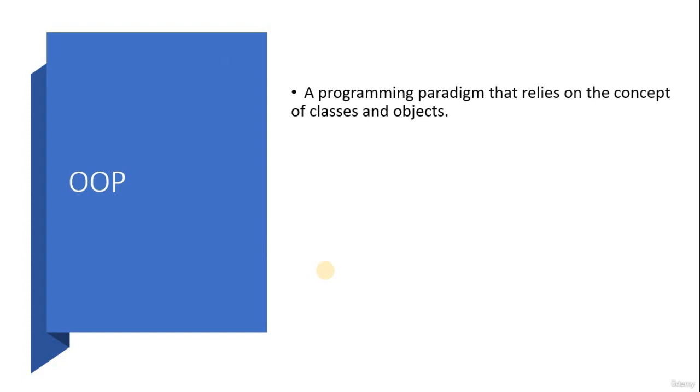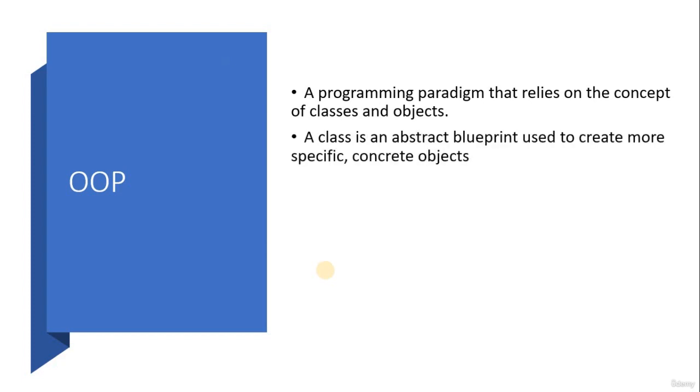Here, a class in Java is just an idea, a blueprint of something in the real world, or something not in the real world. Actually, anything that can be classified can be a class. So it is an abstract blueprint.